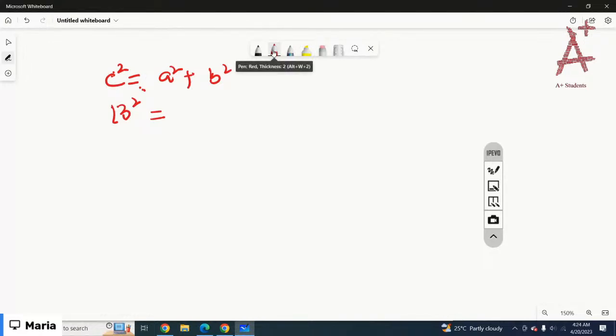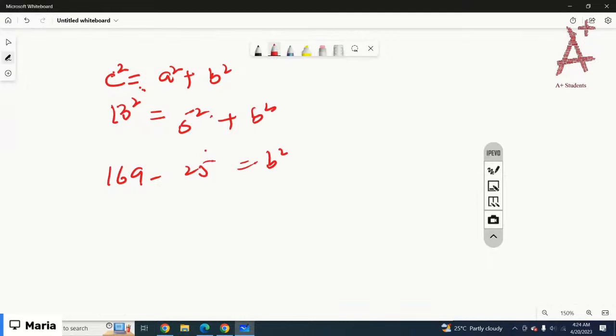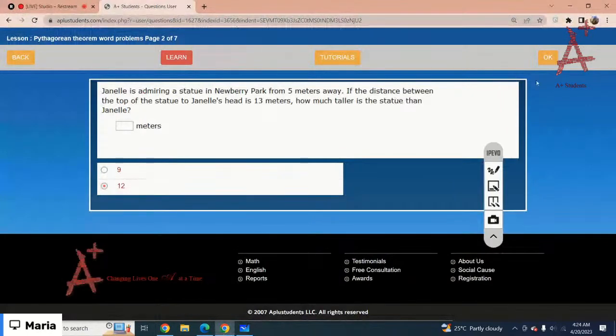It would be 5 square plus b square. So it is 169 minus 25 equals b square. That would be 144. So b equals 12. That means the correct option is 12. Got it?